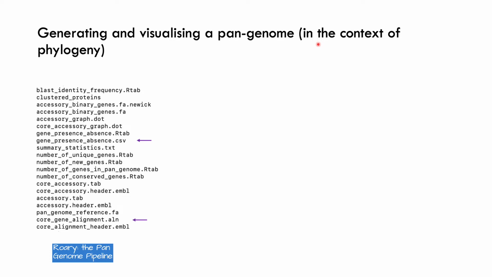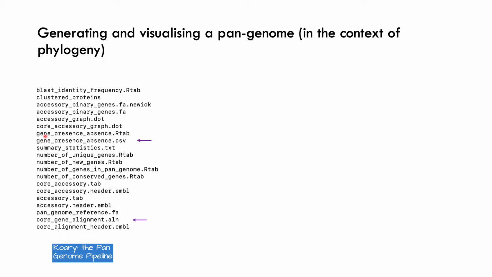So that's the concept of a pan genome covered, and an idea of what you can do with these outputs to answer your questions. But I keep trying to include real elements. So this is actually a list of output files from Roary, one of the commonly used pan genome analysis tools.